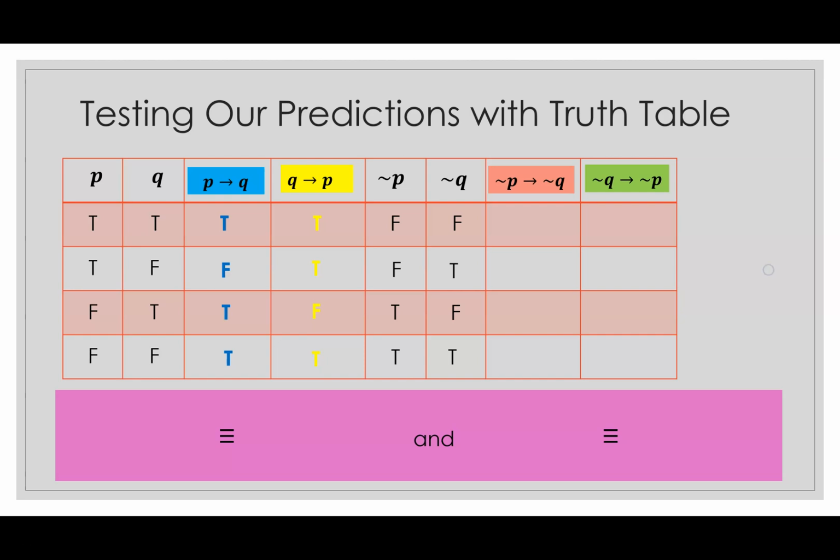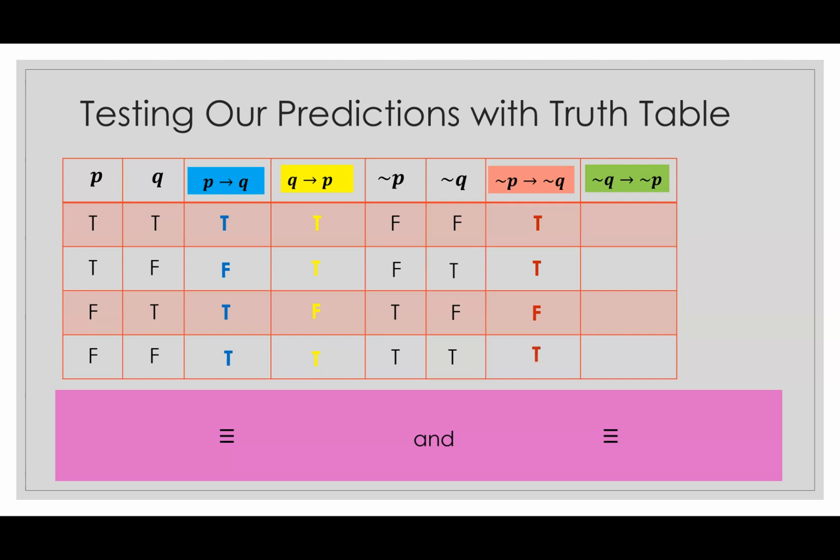False implies false is true. False implies true is true. True implies false, however, when the hypothesis is true but the conclusion is false, then the conditional statement is false. Lastly, true implies true is true.